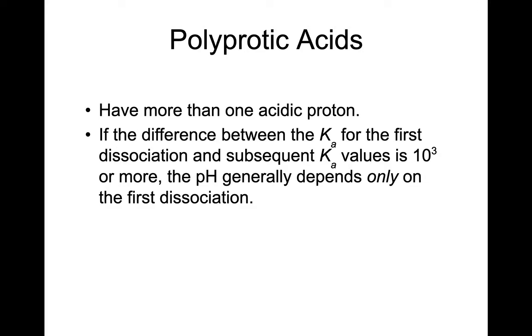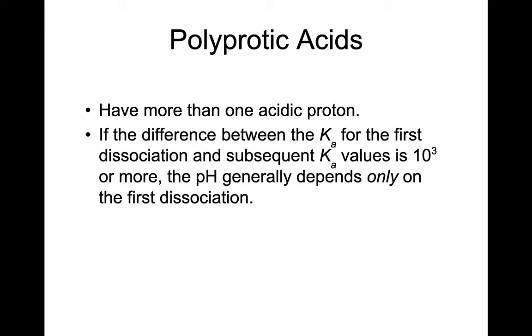Now, when it comes to the polyprotic acids, these were acids that had more than one acidic proton, so typically more than one hydrogen atom in them. These are going to have more than one acid dissociation constant.